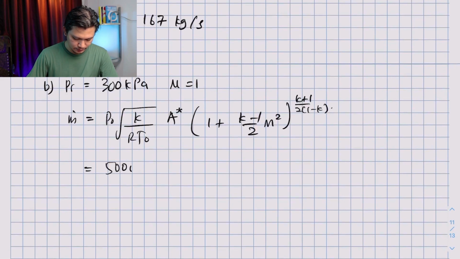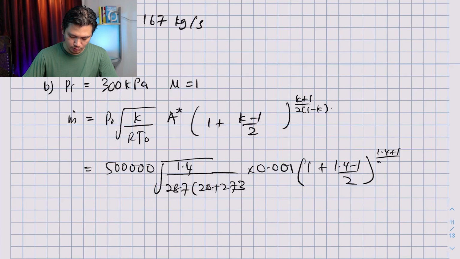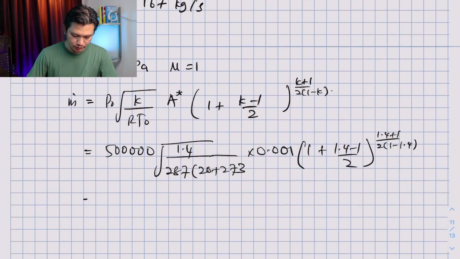This is 500,000, square root of K, where K is 1.4, R is 287, times T, which is 20 plus 273. A star is 0.001, multiplied with 1 plus (1.4 minus 1) over 2 M squared. Sorry, now M is 1, sorry about that. To the power of (1.4 plus 1) over 2 times (1 minus 1.4). In this equation, you will end up with m dot equal to 1.181 kilograms per second.